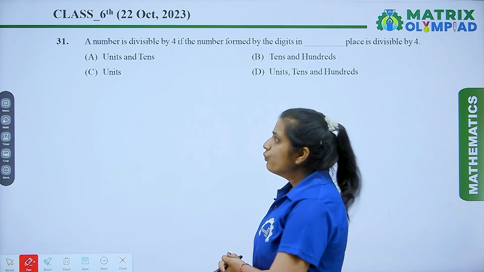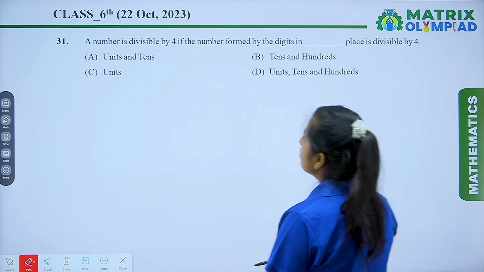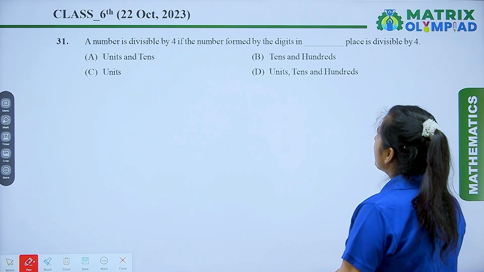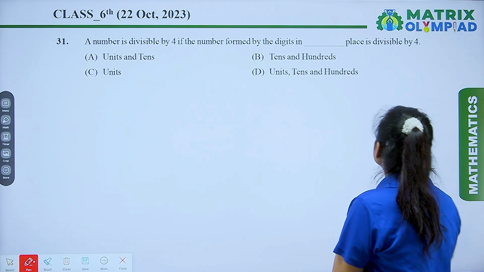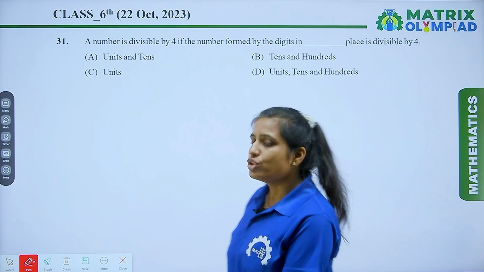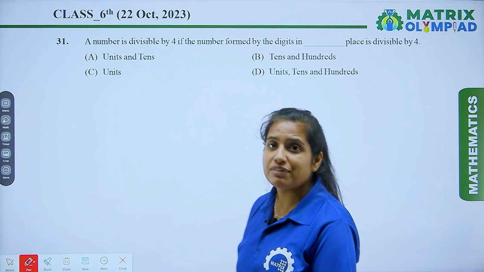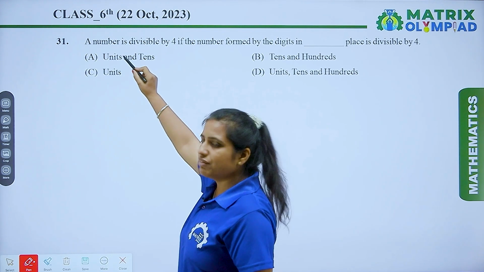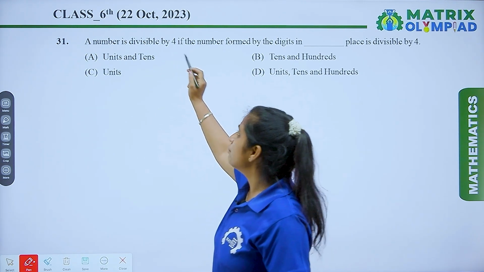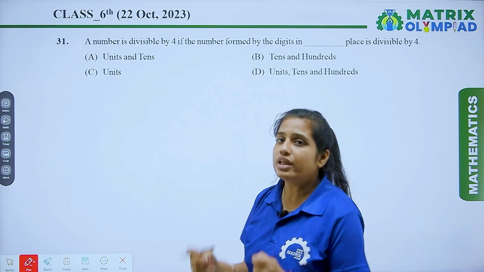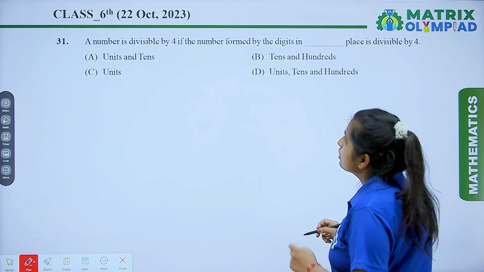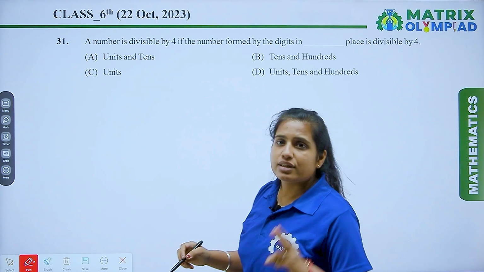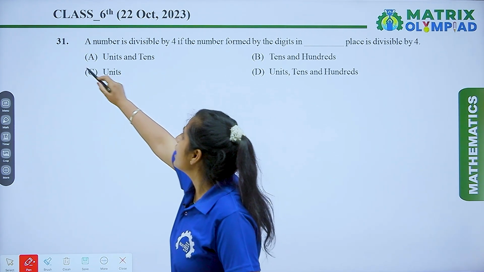Now, the next one: a number is divisible by 4 if the number formed by the digits in dash place is divisible by 4. So we have to find the divisibility rule of 4. If a number is given to us, it is divisible by 4 if and only if its last 2 digits, the places are tens and unit, form a number divisible by 4.